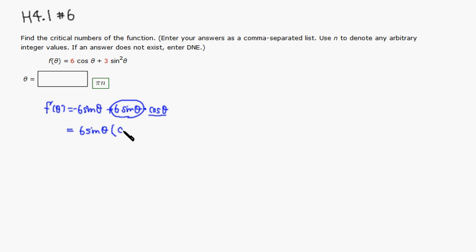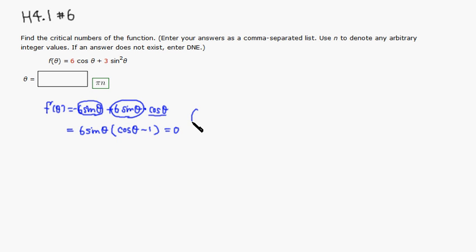So I'll put cosine of theta, this is from the second term, and we factor out 6 sine of theta, so it's going to be minus 1. Then we set that equal to 0. All right, so there are two possibilities.